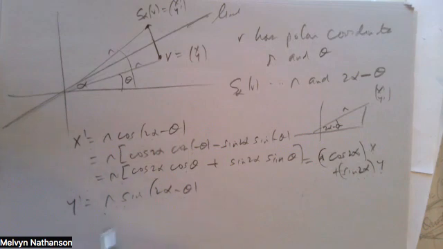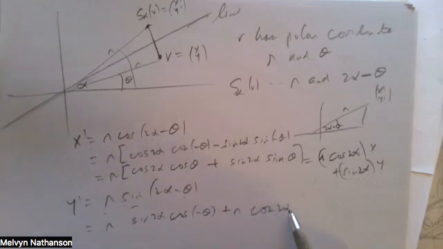For y prime, which is r times sine of 2 alpha minus theta, we use the addition theorem for the sine. This is r times the sine of 2 alpha cosine of minus theta plus r times the cosine of 2 alpha sine of minus theta.